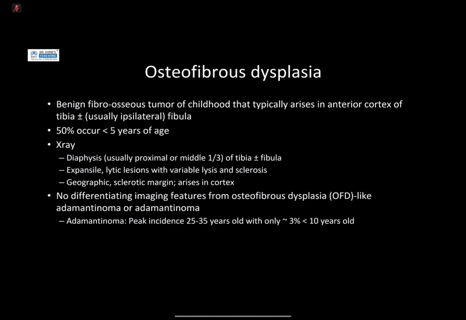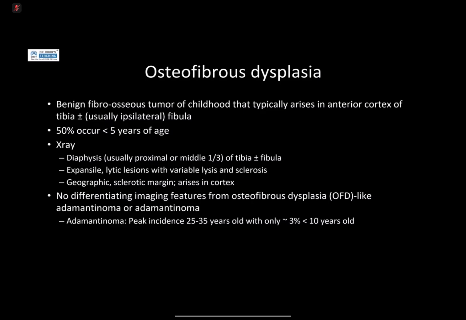You have that nice sclerotic margin with a slightly fibrous component internally. There's no real aggressive features. The patient did have a previous pathological fracture. We could see that nicely in candidate 2. It described that really nicely, where there was thickening and a linear lucency within the anterior cortex.